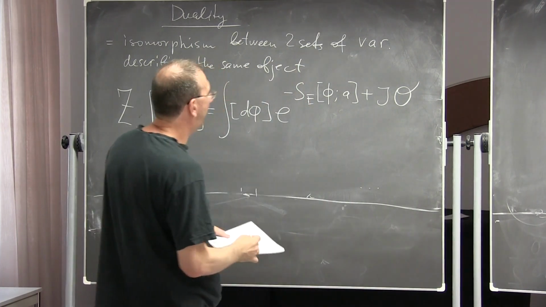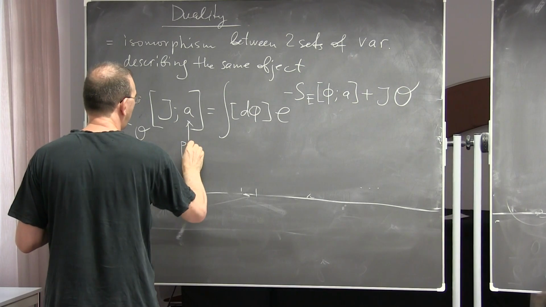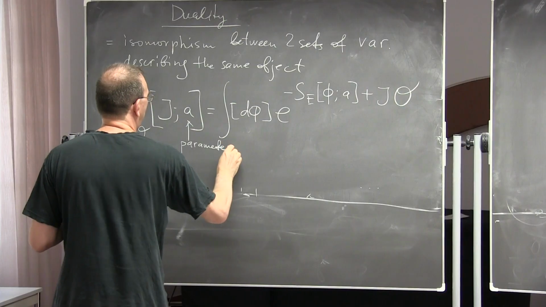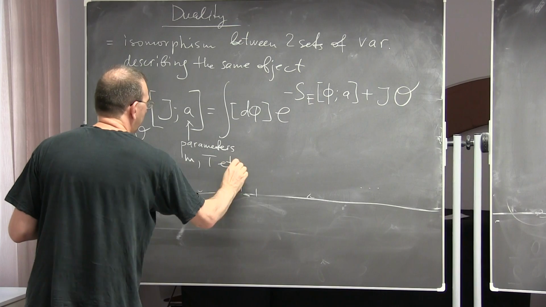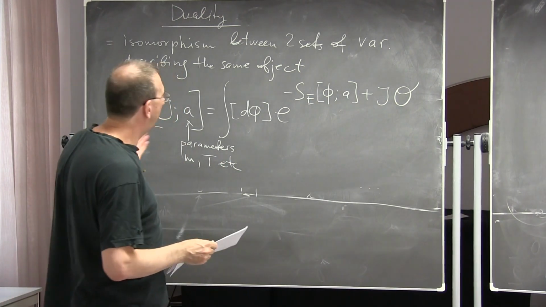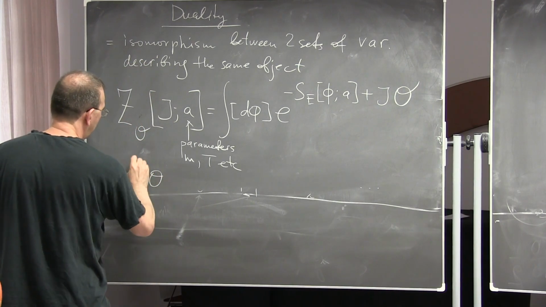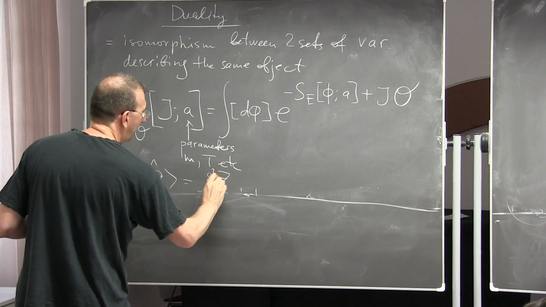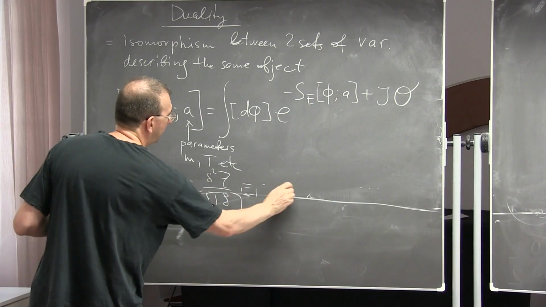And these A are parameters of the theory, such as masses, temperature, etc. And if I want my correlation functions, such as of O, then I have to take the appropriate number of functional derivatives with respect to J, and I will get my answer.